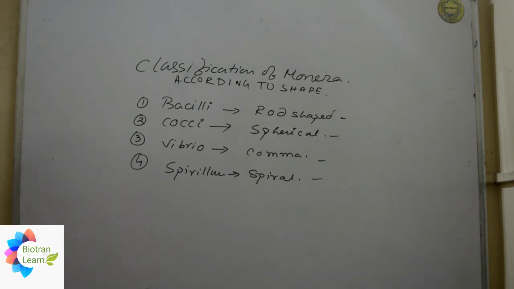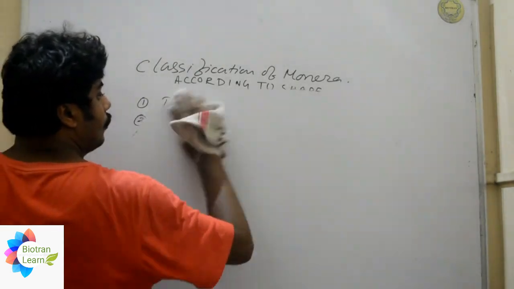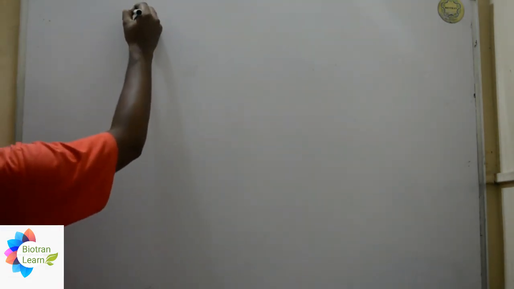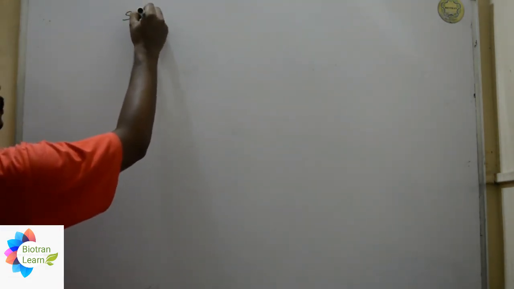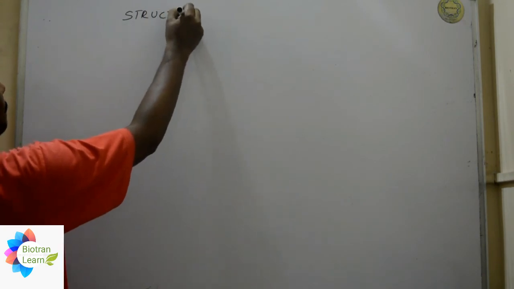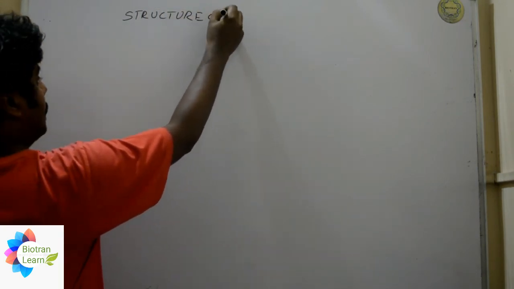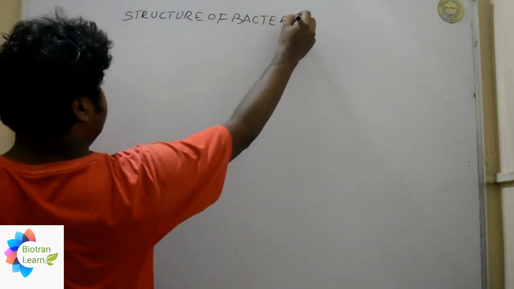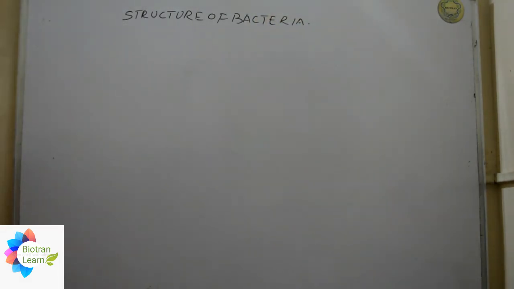Okay, so let's move on to the structure of a bacteria. In case of a generalized structure of bacteria, now we will observe the structure of bacteria or different kinds of moneran structure, right?